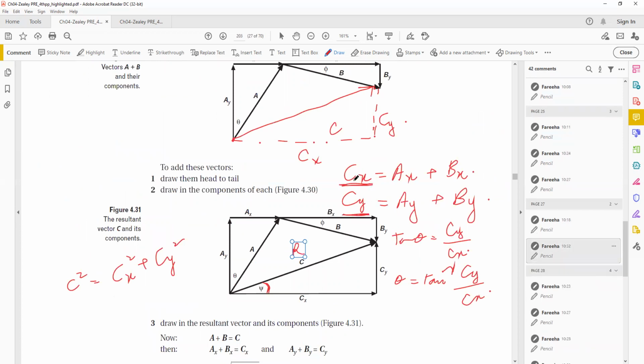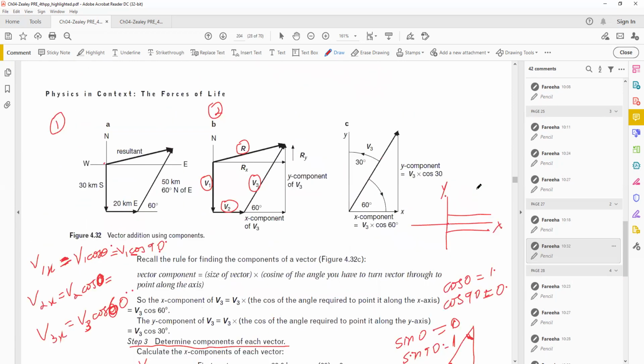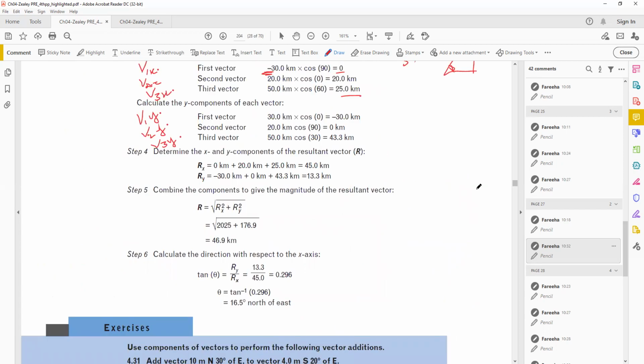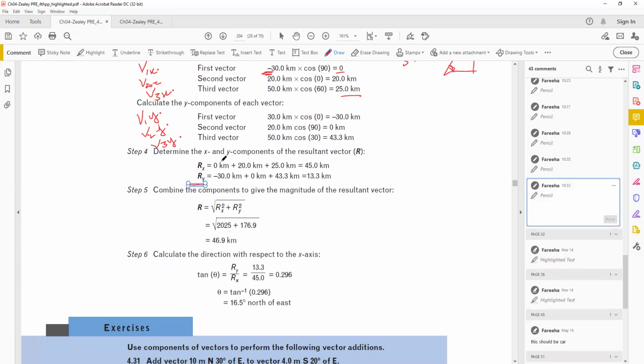The x component of the resultant is equal to the sum of the x components of the given vectors, and the y component of the resultant is equal to the sum of the y components of the given vectors. Using this same concept and formulas, here we can write the x component of the resultant and the y component of the resultant. This is equal to v1x plus v2x plus v3x, and you get your answer. In this case, you get v1y plus v2y plus v3y, and you get your answer.